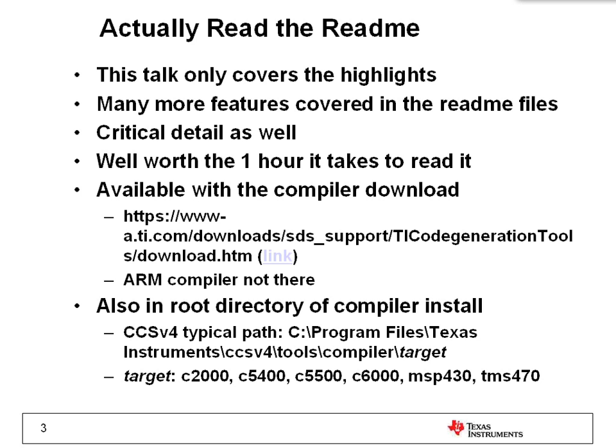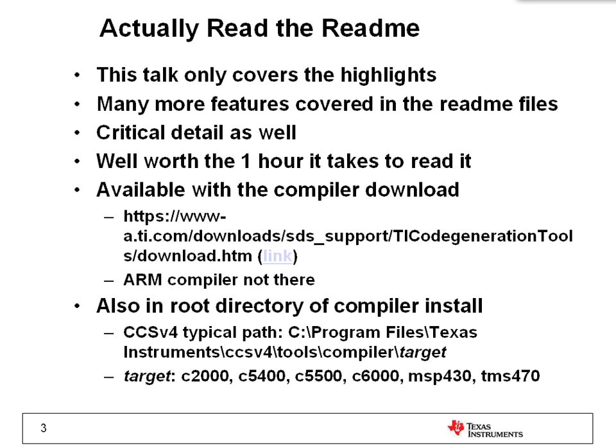So the other way you can go about it is to go into the root directory where your compiler is actually installed. Of course, there are a lot of places that could be, depending on how you install the compiler. But probably at the present time, the most typical thing is you have CCS v4 installed, and so your path will be something like what you see here, that C:program files and so on.